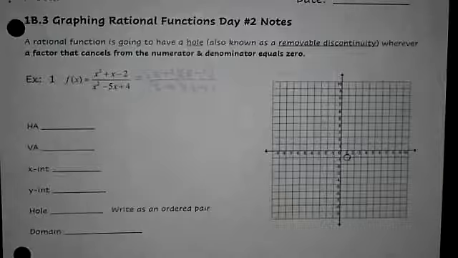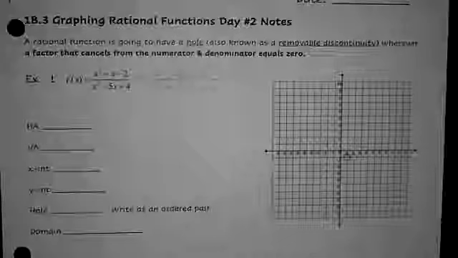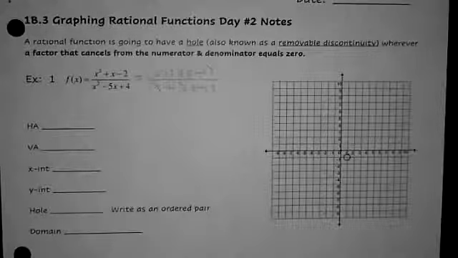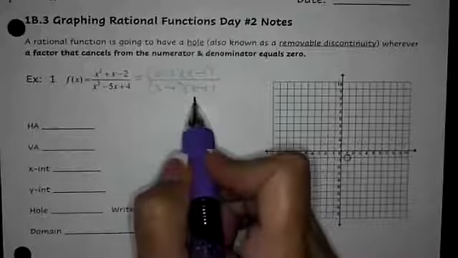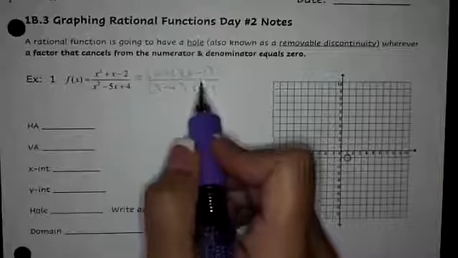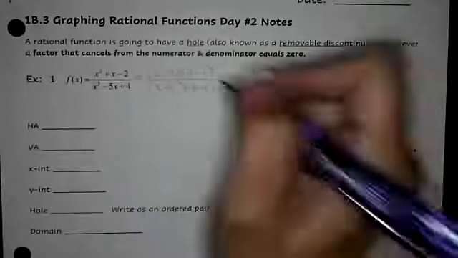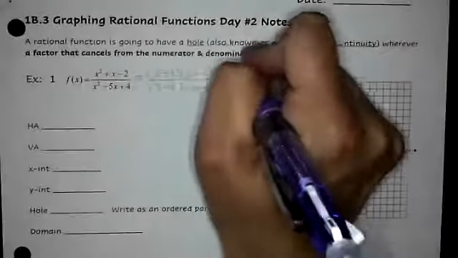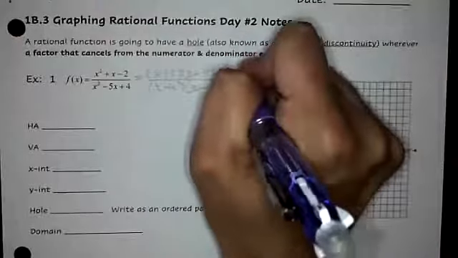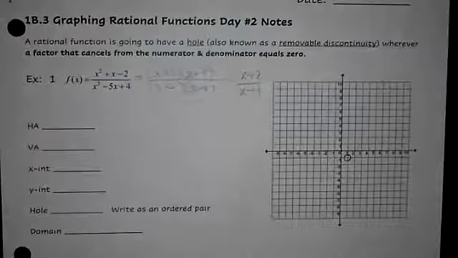So we factored both the numerator and the denominator. We recognize that there's an x minus 1 in both the numerator and the denominator. Those cancel each other out, leaving me x plus 2 over x minus 4.